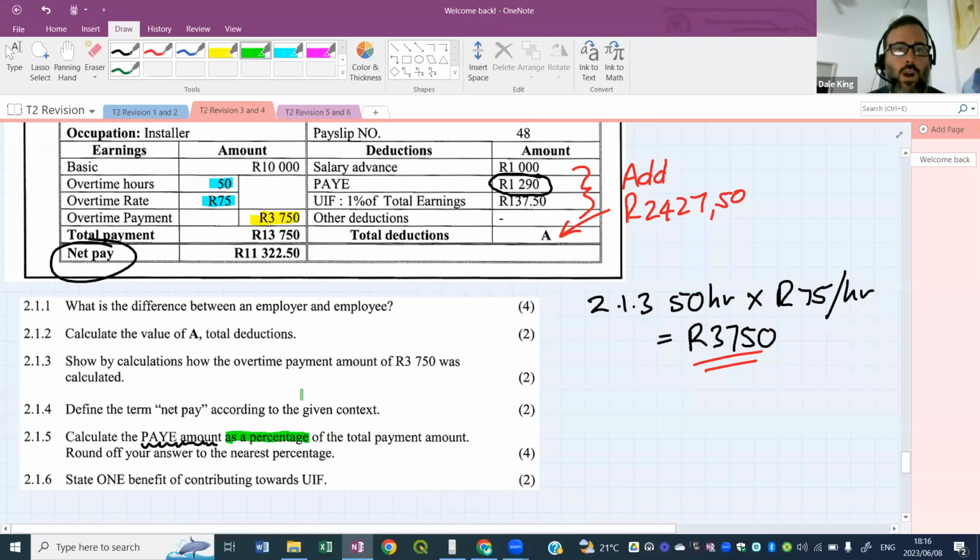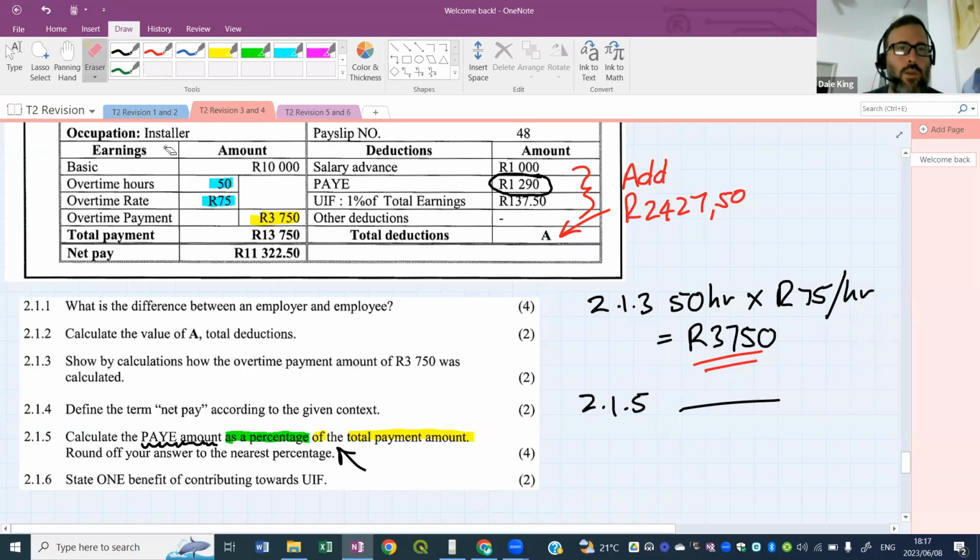As a percentage of what? All right, as a percentage of total payment amount. Okay, so when we calculate a percentage, we always need a fraction, right? So there's a fraction. Now, what's underneath the fraction, the denominator, you look for this word of. All right, so the total payment amount must come underneath our fraction.